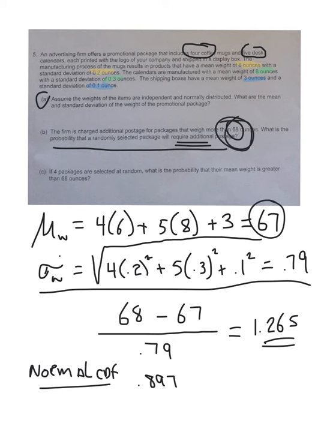So we're going to subtract it from 1. 1 minus 0.897 gives us about 10%. Okay, 10.2%. Okay, so there's about a 10% chance that you're going to have to pay additional postage on this thing. That's our conclusion.